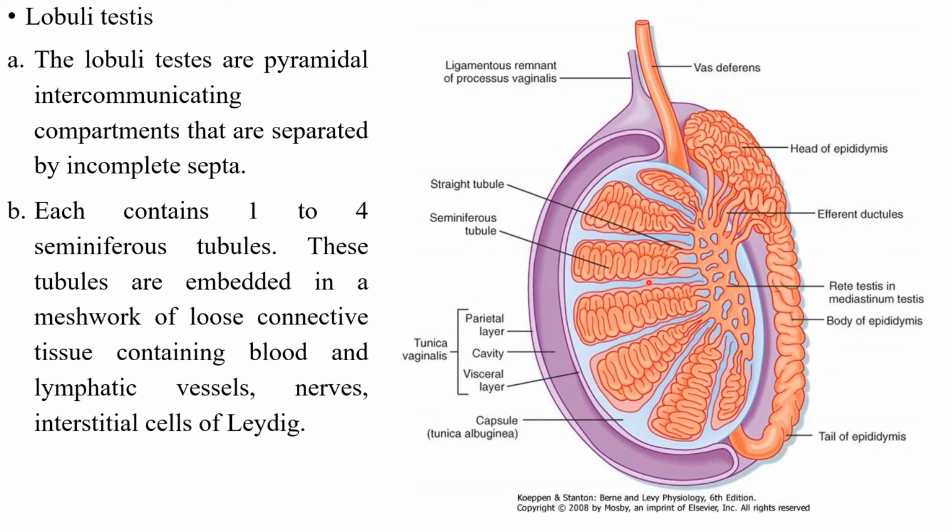These are seminiferous tubules, you can see here. They are highly coiled structures. These tubules are embedded in a meshwork of loose connective tissue containing blood and lymphatic vessels, nerves, and interstitial cells of Leydig.